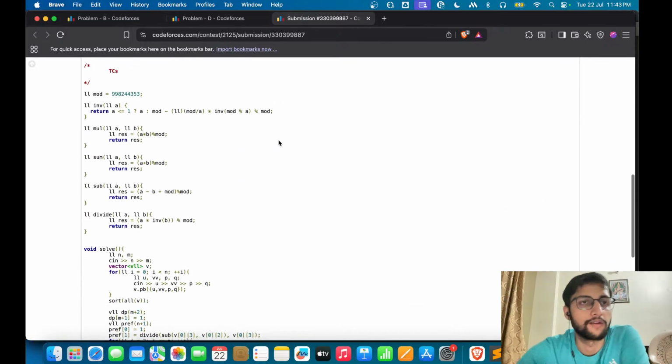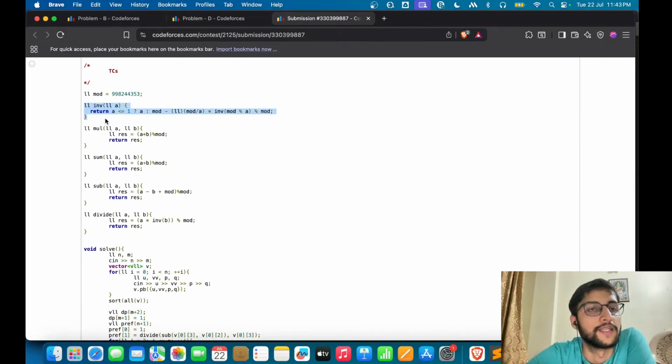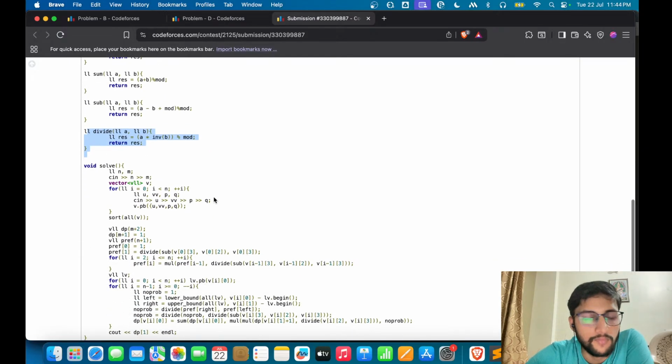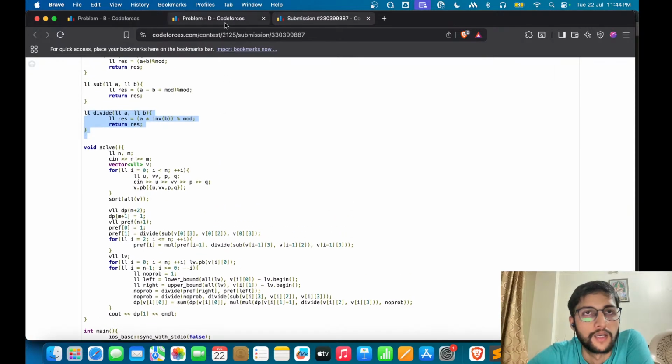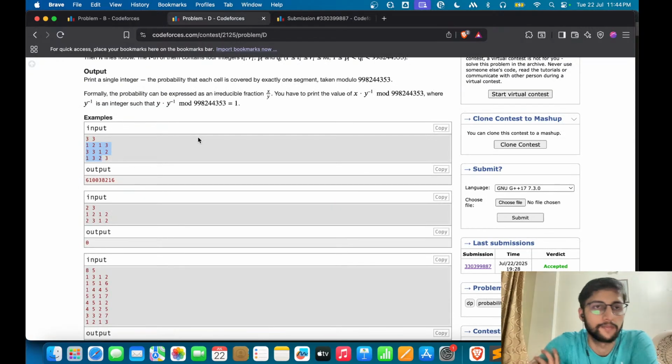So that is why I made functions. Inverse is basically finding an inverse mod something. Then multiplication will multiply 2 numbers, sum will add 2 numbers, sub will subtract 2 numbers, divide will divide 2 numbers. And yeah, let me walk you through the logic.